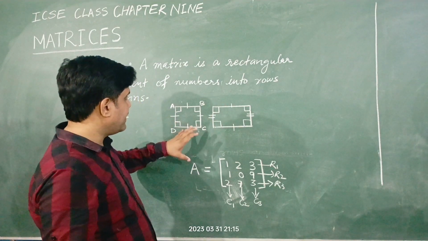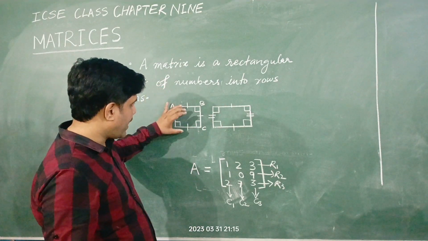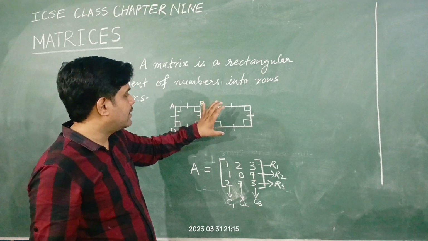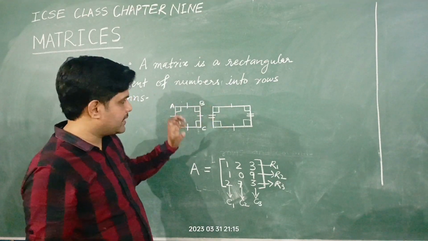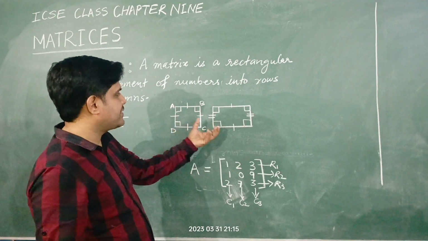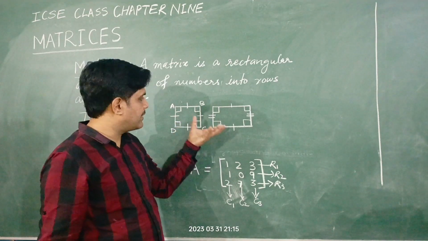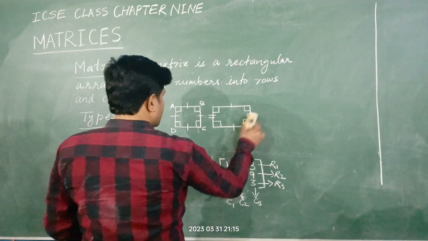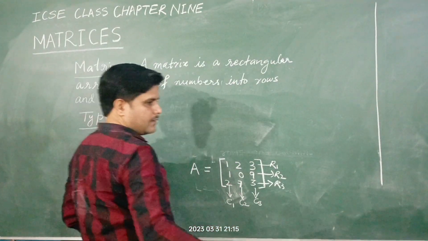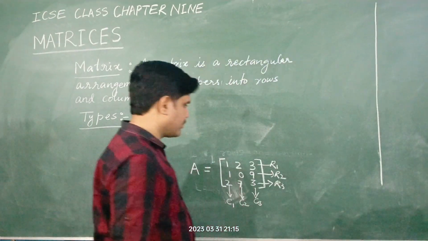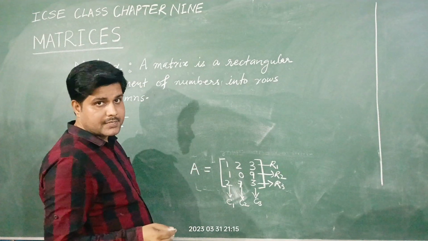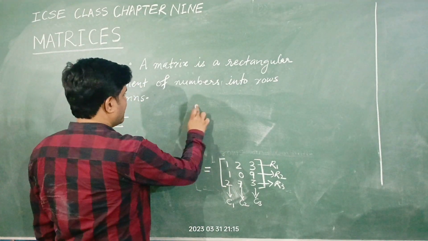So we can say that a square is embedded inside a rectangular matrix, or we can form square matrices from rectangular matrices by excluding some elements or by taking an equal number of rows and columns. So once you have understood what is a square matrix, let's move on with the next topic.